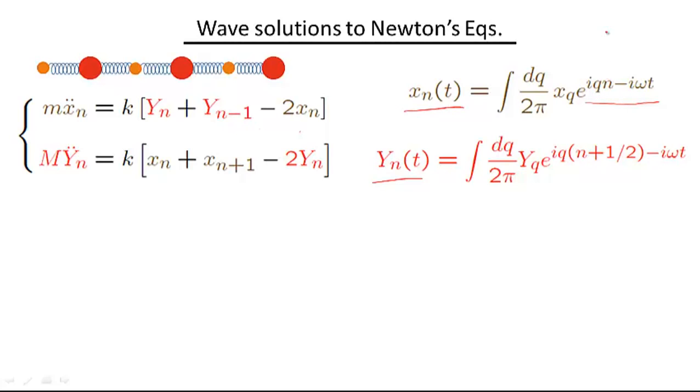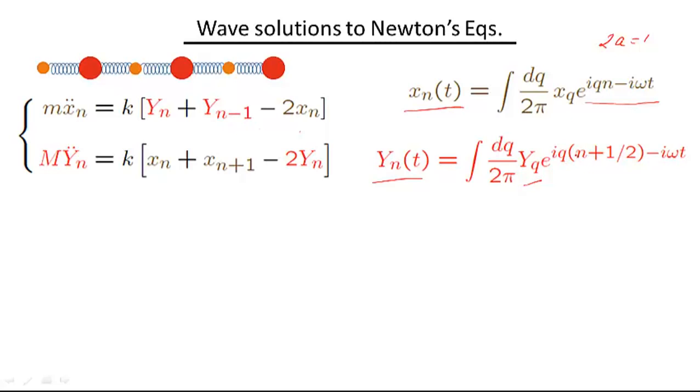And so remember that I introduced these units of 2a equals 1. Therefore, this wave vector multiplies just an integer label n, which labels my coordinates of my light atoms. And I represent the heavy atoms as a linear combination of their own wave with some new amplitudes, capital Y sub q.